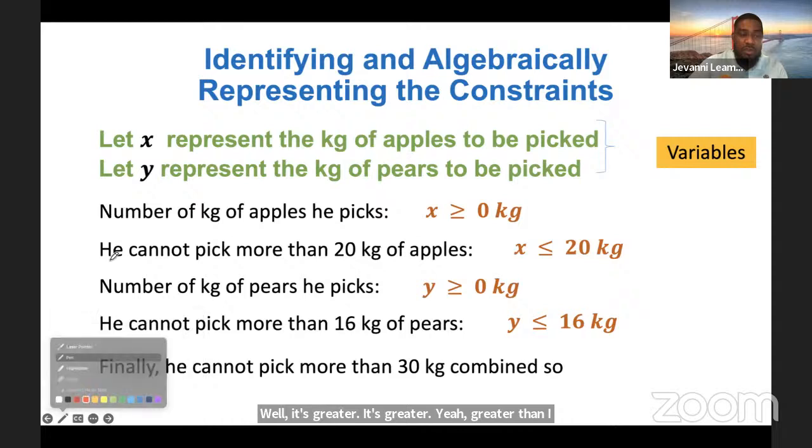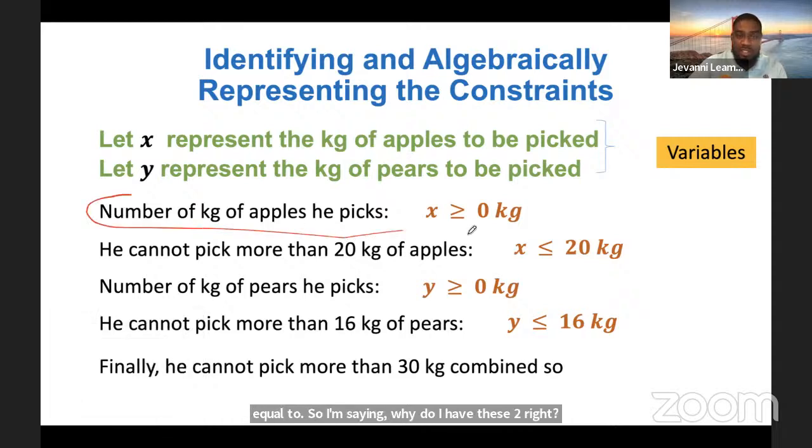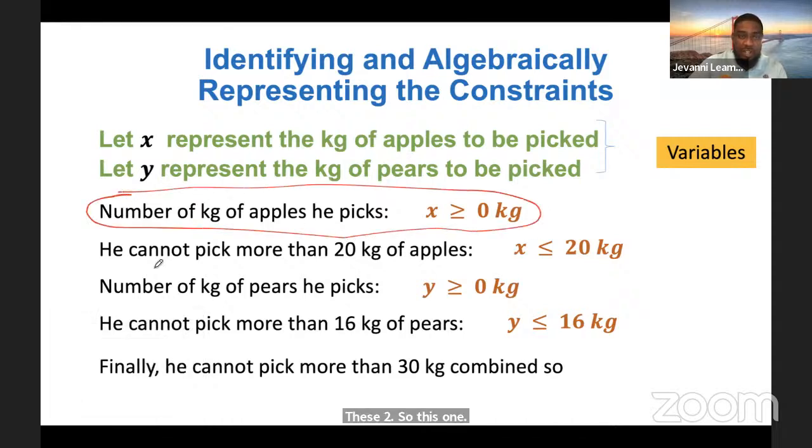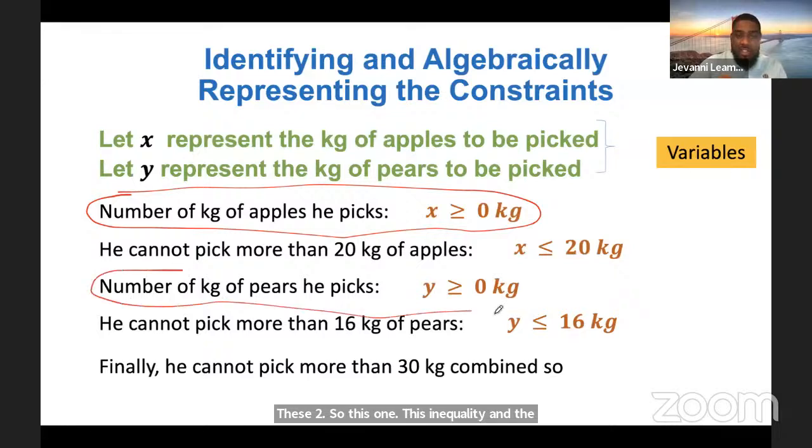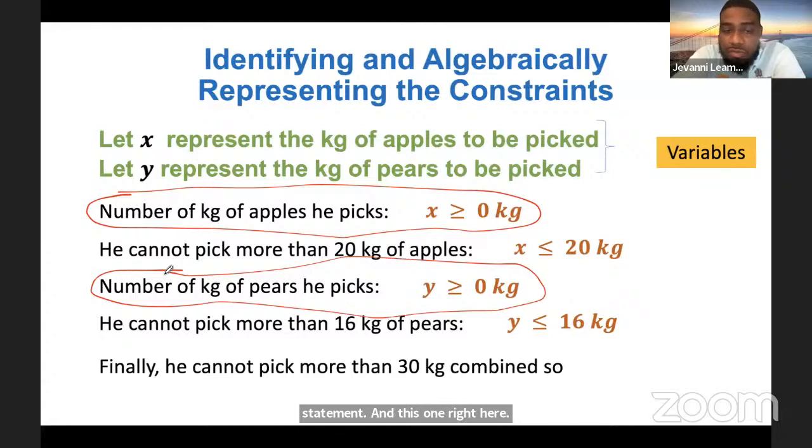This inequality and the word statement, and this one right here. It was not given, so why do I have it? Why did I actually place it in the bunch of inequalities?